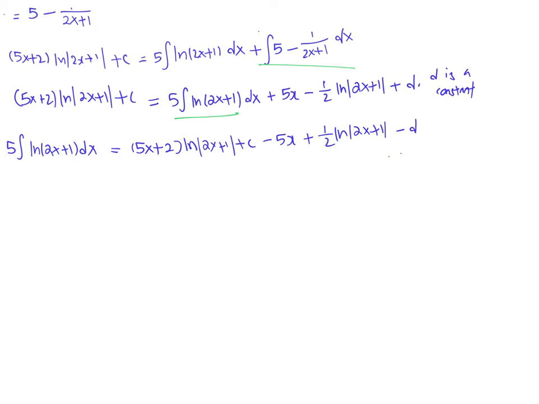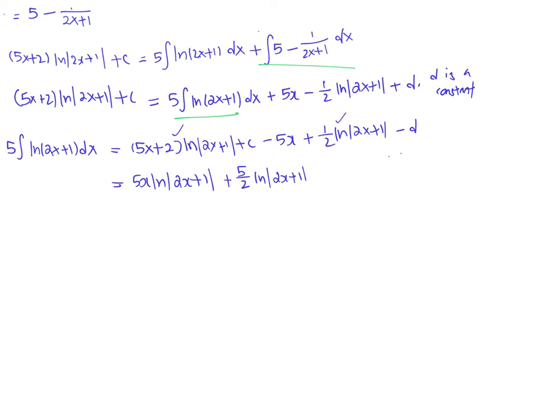As we see here, there are like terms where we have a 2 multiplied by ln modulus of 2x plus 1 and also the half multiplied by ln modulus of 2x plus 1. So let's simplify that. We will have 5x ln modulus of 2x plus 1, and we have a 2 ln modulus of 2x plus 1 plus half of the ln of the same thing, so we will have a 5 over 2 ln modulus of 2x plus 1.